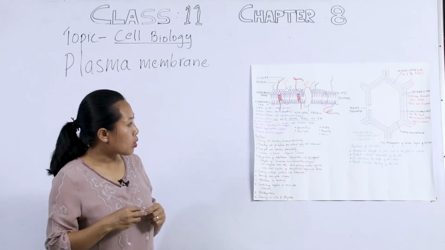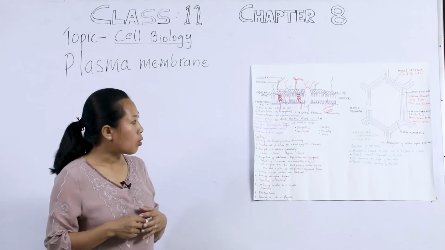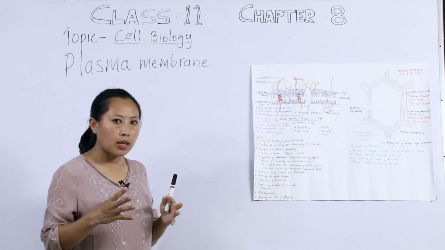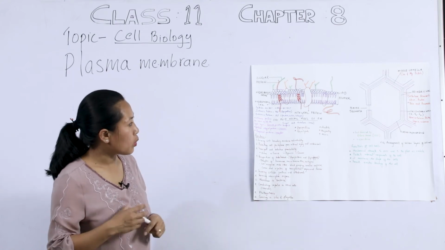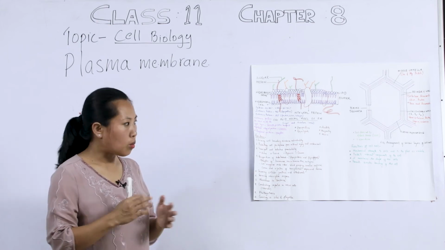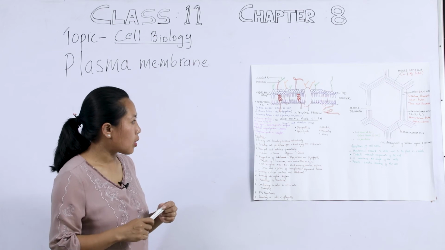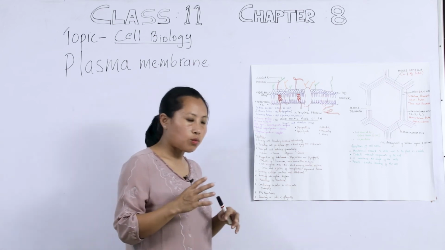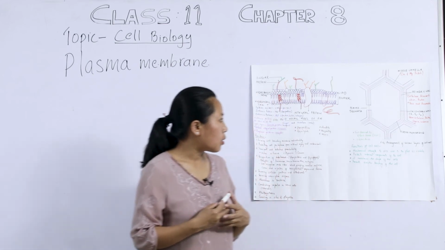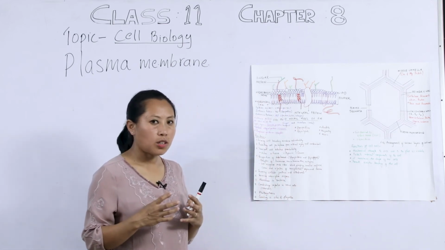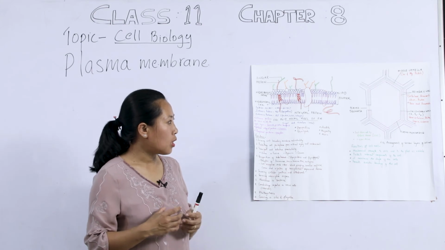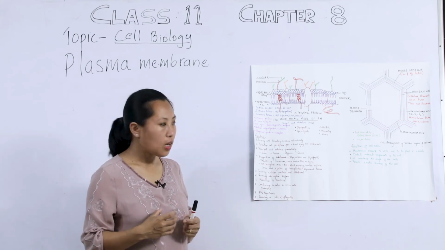Primary walls occur in young cells, and when the cells become mature, another wall is laid on the side of the primary wall, and this wall is known as the secondary wall. The secondary wall occurs only in mature cells, and it consists of 3 layers, S1, S2, and S3. The secondary wall is strengthened by the deposition of hemicellulose, pectin, lignin, and suberin.